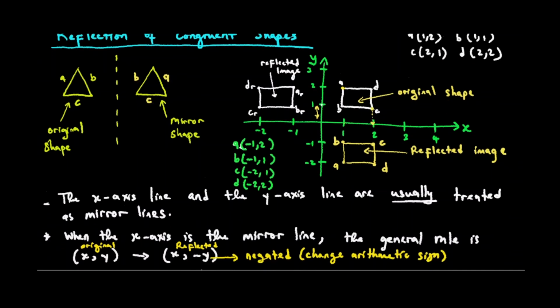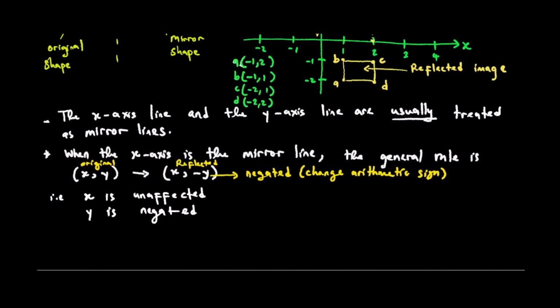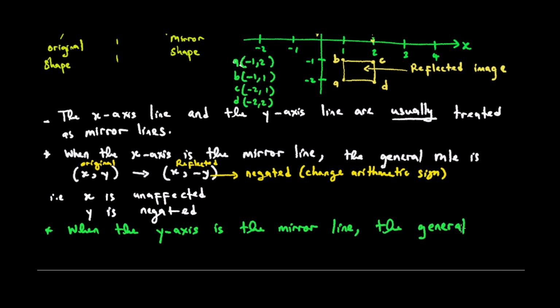Here another law applies, which you should add to your notes. When the y-axis is the mirror line, the general rule is that x, y, your original, becomes -x, y.